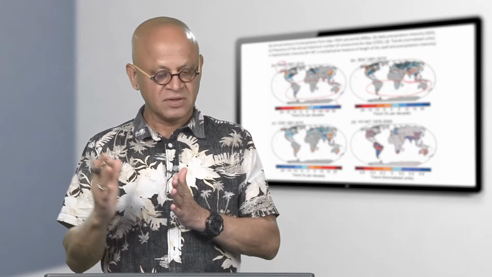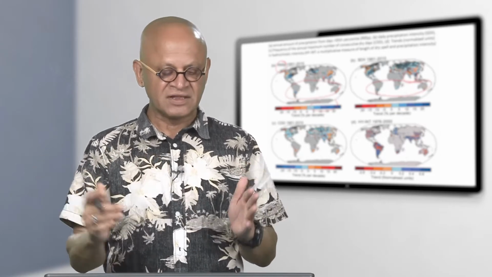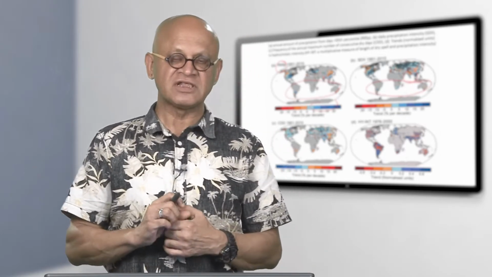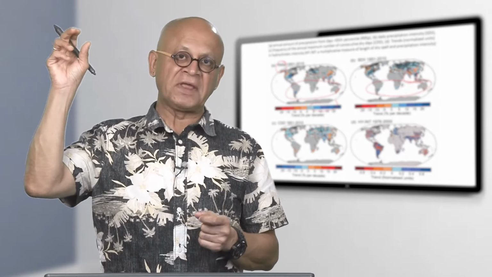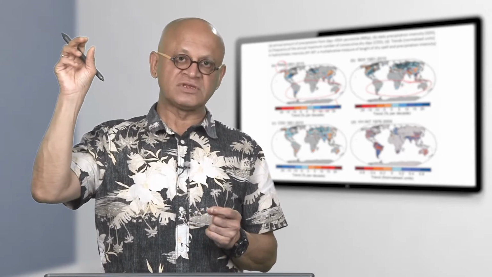Those are spread into percentiles. So, the 95th percentile is like the top amount of rain you get in August, which is very rare.